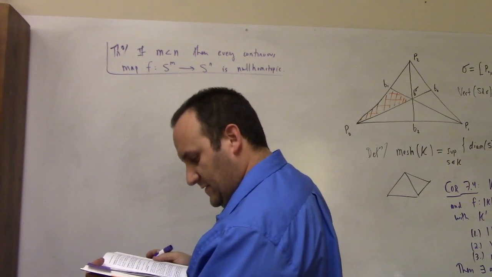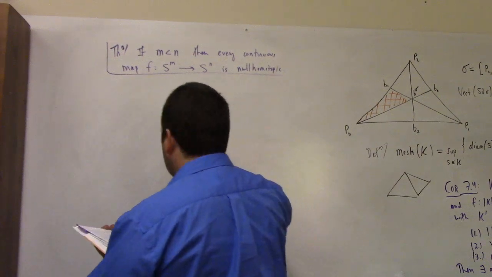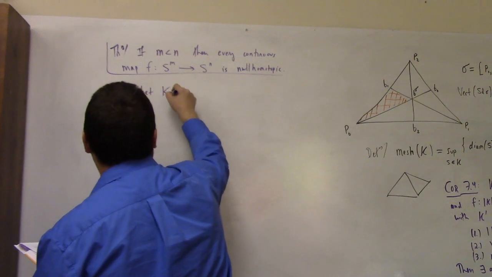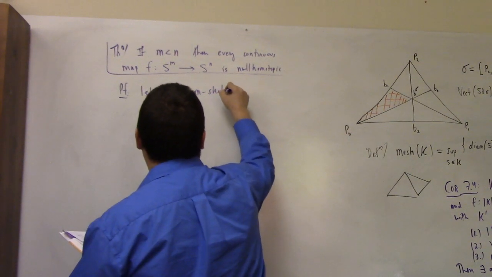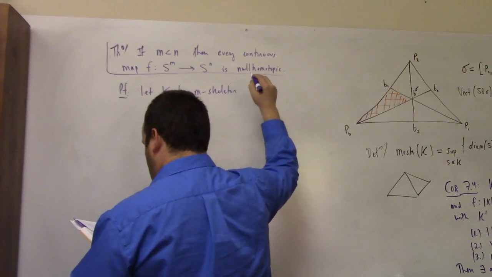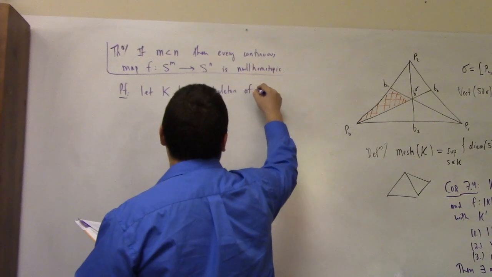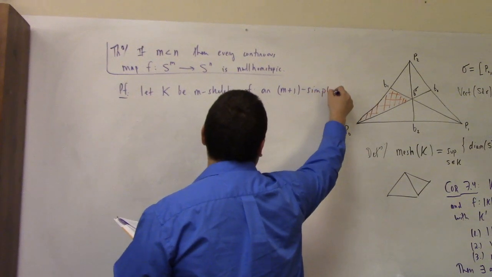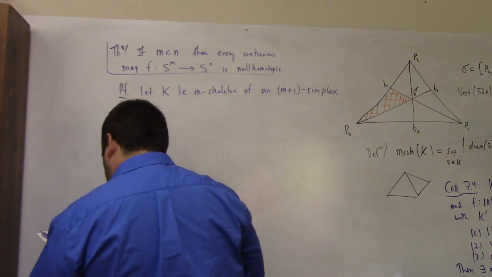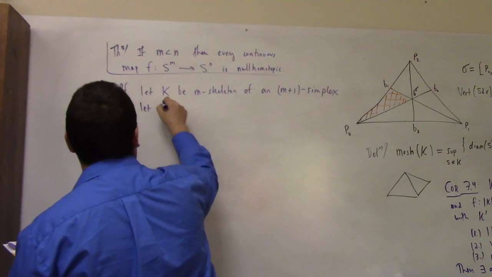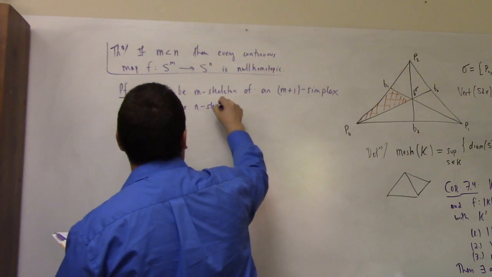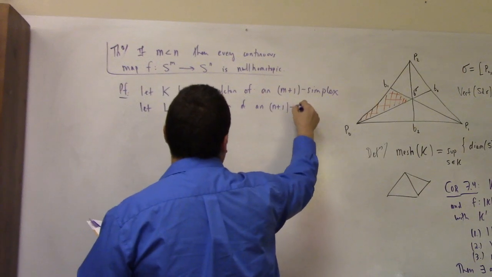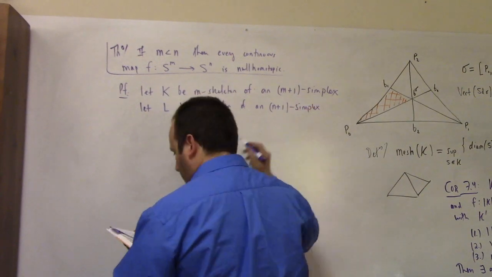Okay, so what's the argument here? He says let K be the m skeleton of an m+1 simplex, and let L be the n skeleton of an n+1 simplex.